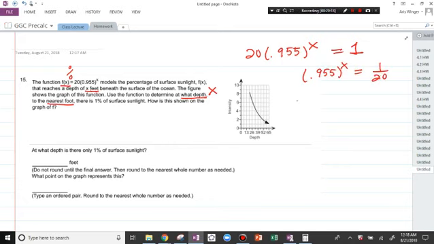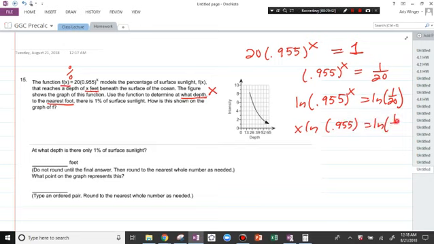And we're headed right to natural log town. The natural log of 0.955 to the x is equal to the natural log of 1 over 20. We'll bring the x in front. x natural log of 0.955 equals the natural log of 1 over 20. And then we'll divide. x is equal to the natural log of 1 over 20 over the natural log of 0.955.